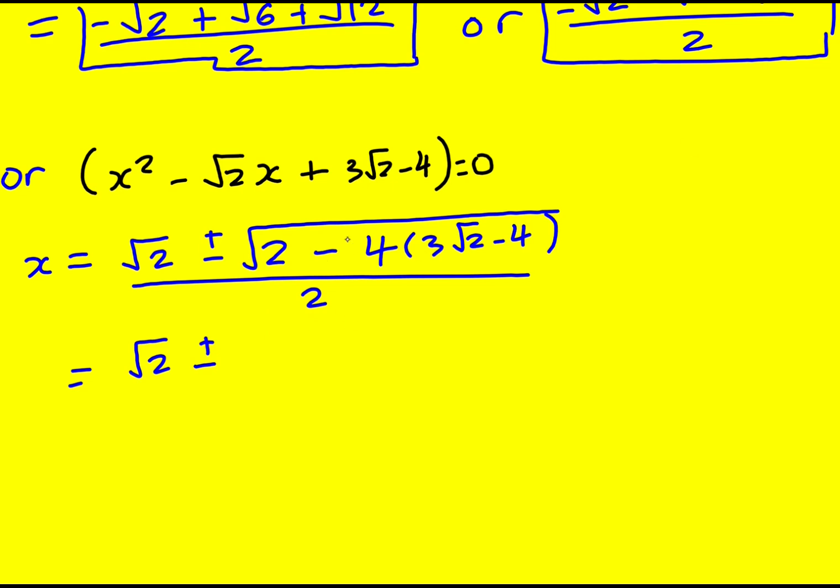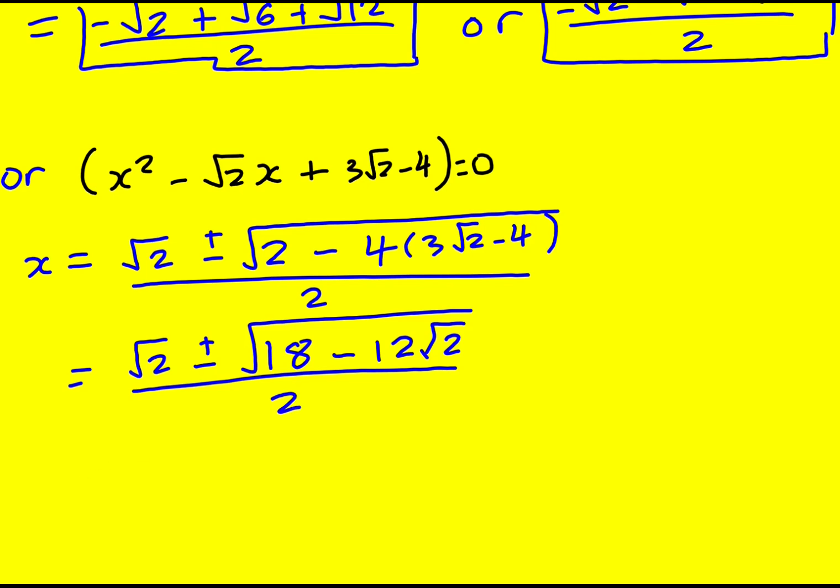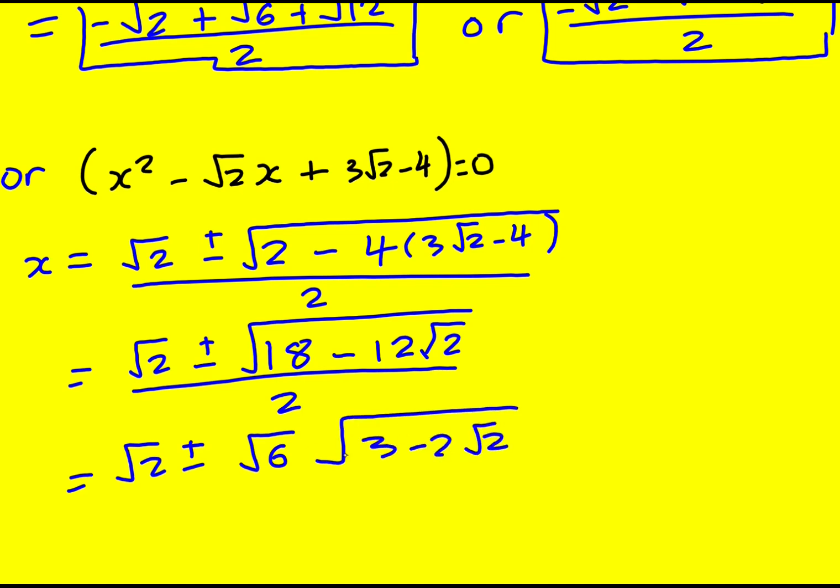I'm going to be adding 16 on again. So again, it's going to be 18, but this time it's minus 12 root 2. Take out that root 6 again. We're left with 3 minus 2 root 2.